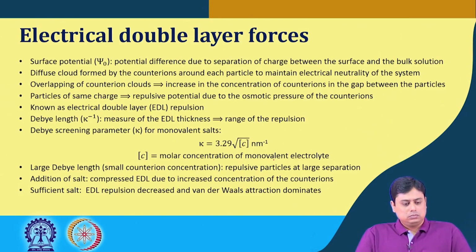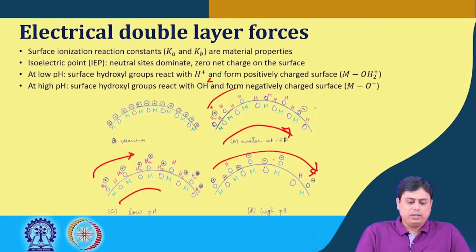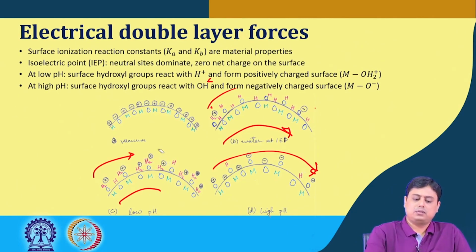Now, these counter ions form a diffuse cloud around each particle and maintain the neutrality of the system, and each surface charge will have its counter ion. That means, say here we have the positively charged surfaces.